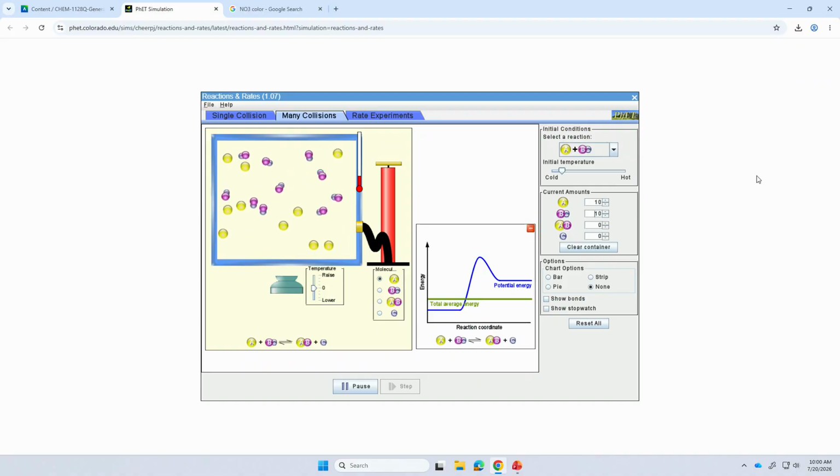So how do I get this reaction to occur? Well, I get this reaction to occur by increasing the temperature to the point where my activation energy is very low.